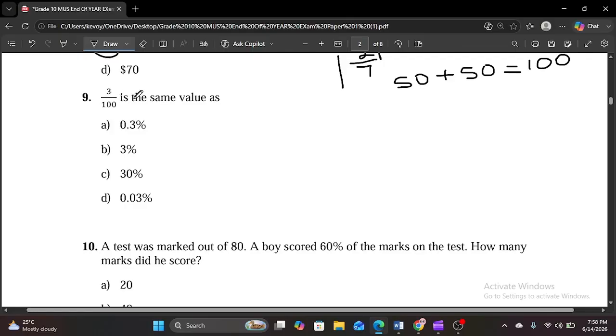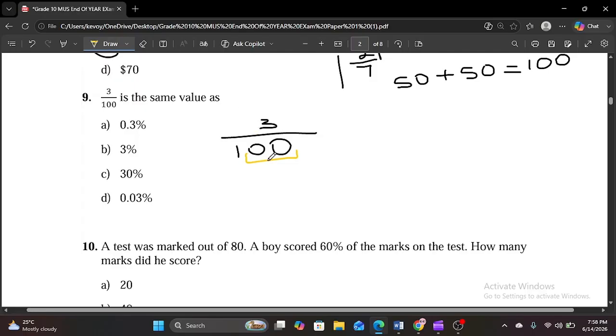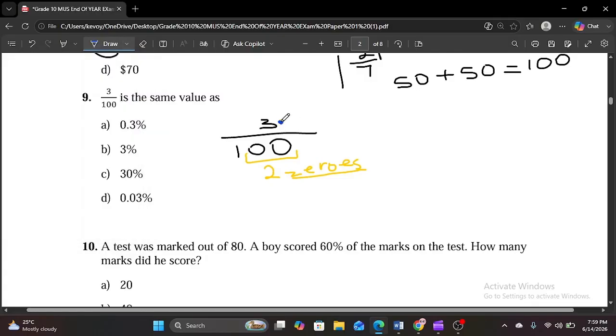3 over 100 is the same as 3 divided by 100. The number of zeros tells you how many times you move your decimal point. These are 2 zeros. My decimal point is going to be right here, because this is just the number 3.